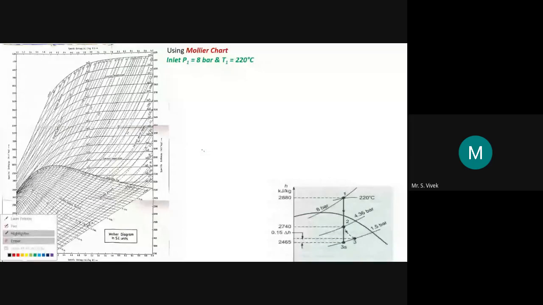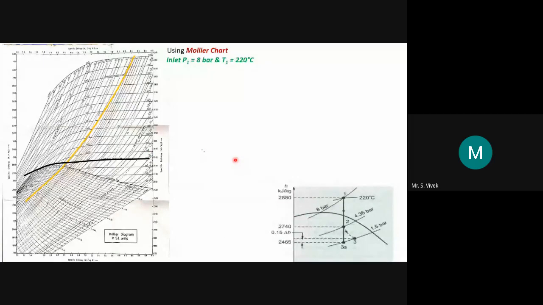I'm going to make use of the Mollier chart. So here you have the pressure 8 bar. This is the 4, 5, 6, 7, and 8 bar pressure line. I located that one. And what is the temperature? It is 220 degrees Celsius. So 150 to 200 is here, and this is 250 degrees Celsius.